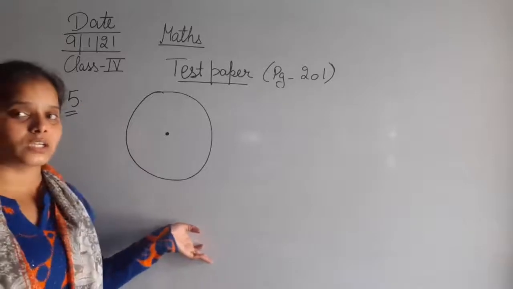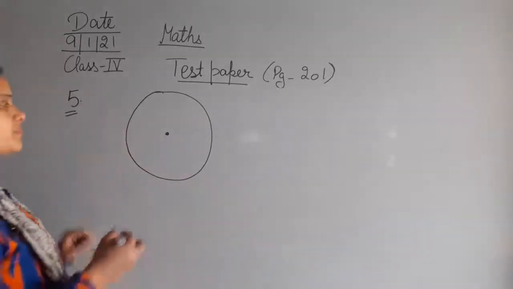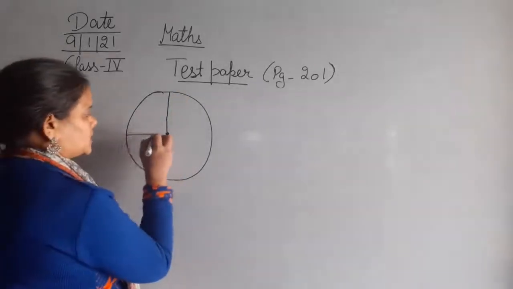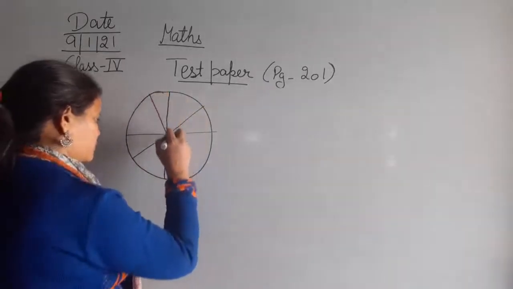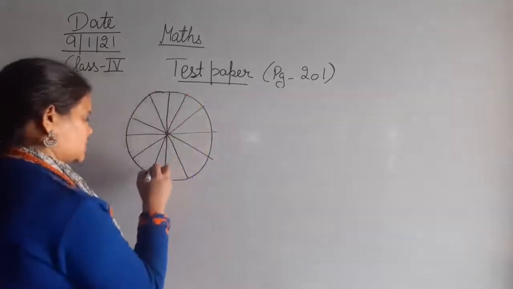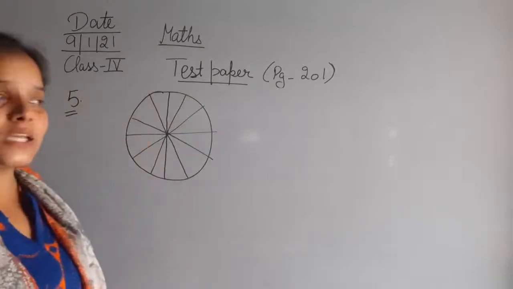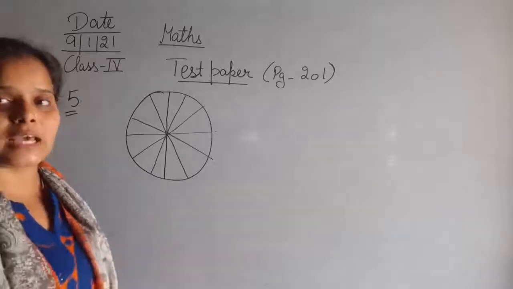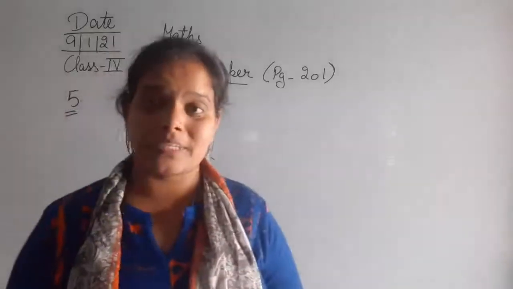तो इस सर्कल में आप कितने diameters you can draw. So देखिए, this is the first, this is the second, then the third, 4, 5, 6 and so many you can draw. तो देखिए इसमें कोई एंड नहीं है। You can draw as many diameters in a circle.